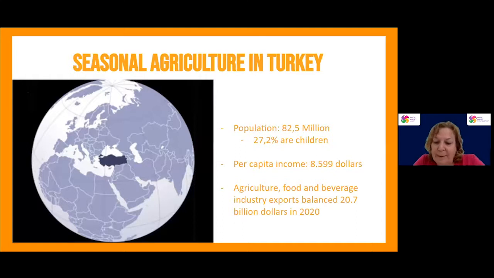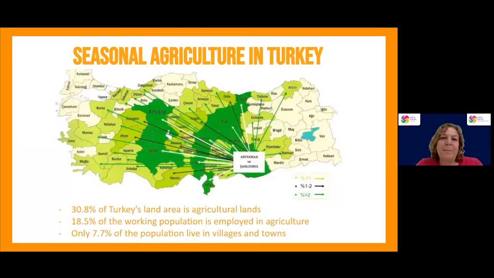It's a multicultural bridge with various ethnic groups, and there are almost 83 million people. 22 million of them are children below 18 years old, and we have an export amount of about $170 billion, and $20.7 billion of it is agriculture, food, and beverage.